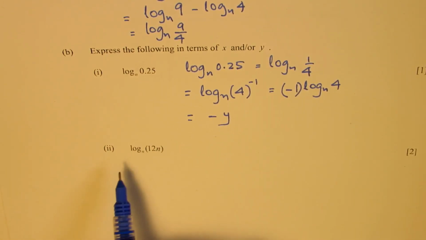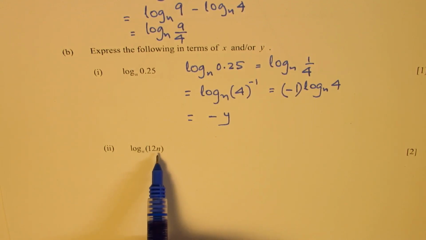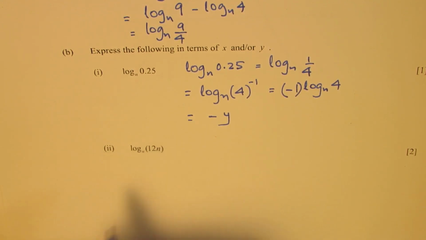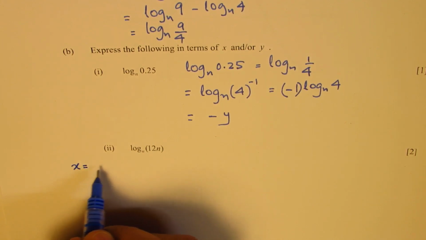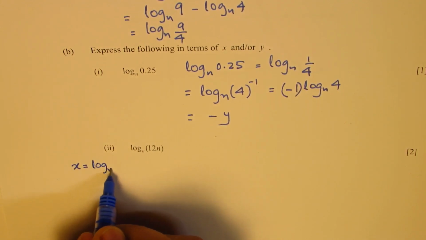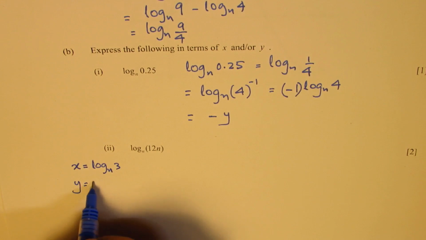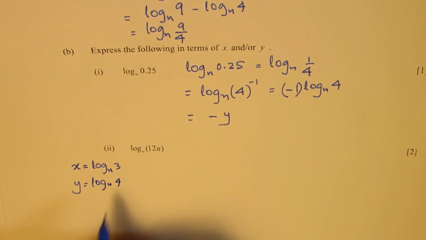We need to now express log to the base n of 12n in terms of x or y, right? So we know x is equal to log to the base n of 3 and y is equal to log to the base n of 4, correct?